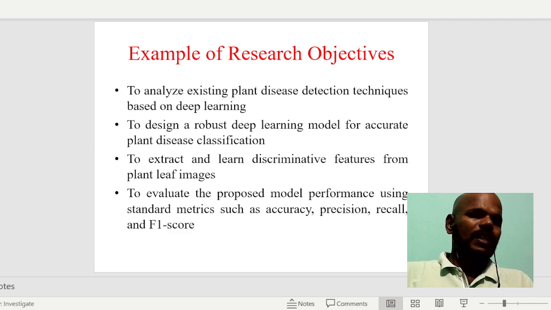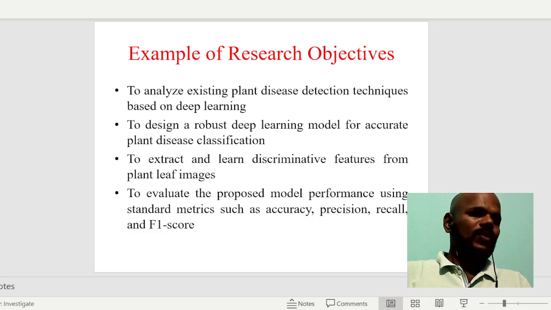Try to understand one concept here. The four objectives are interrelated. They are not deviating from one concept. It is plant disease detection only. All use the same technology, deep learning. All are related and in the same domain.